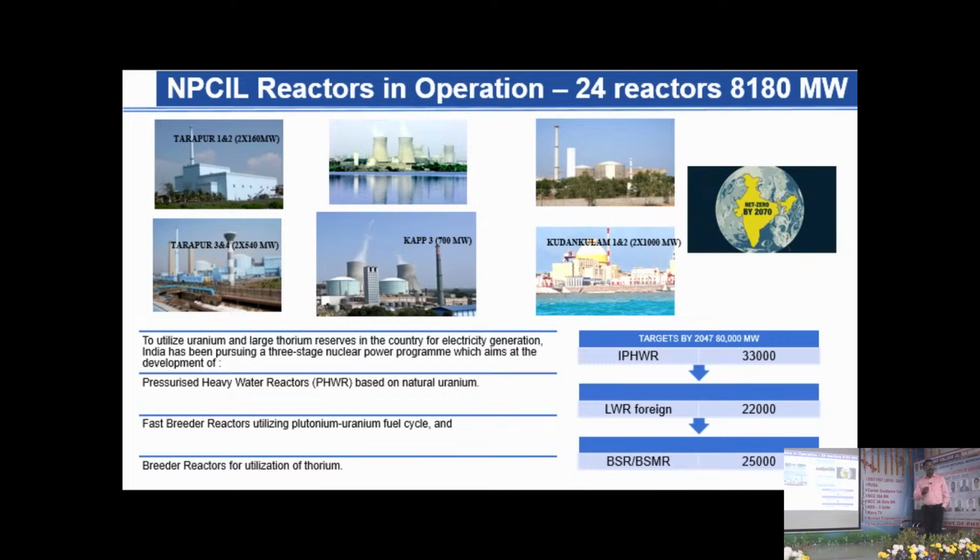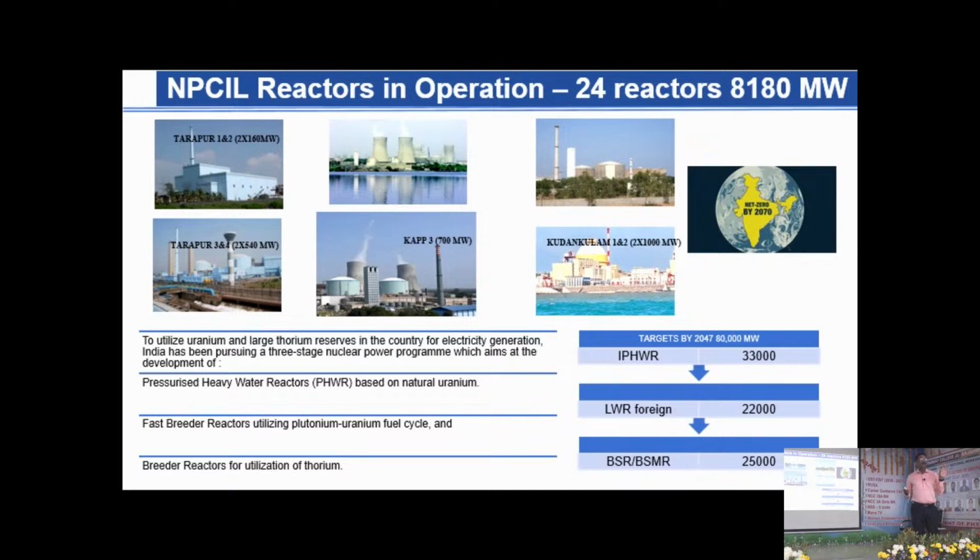And one terminology I wanted to add here, which also came up in the budget: Bharat Small Reactor and Bharat Small Modular Reactor. These are the new types of reactors India is going to design. 23,000 crore has been given for R&D in these fields by Nirmala Sitharaman, Honorable Finance Minister. What is the Bharat Small Reactor?